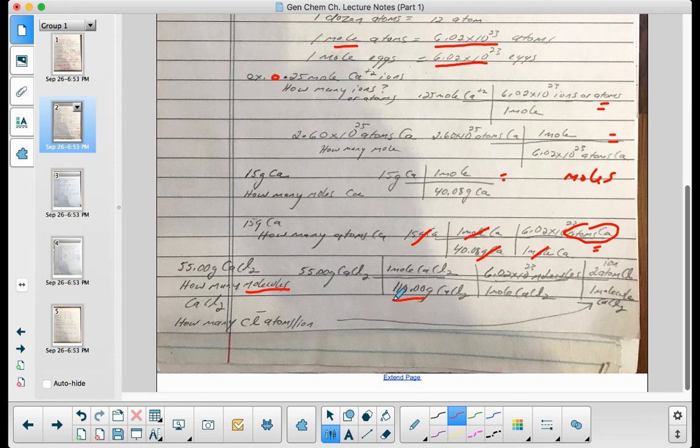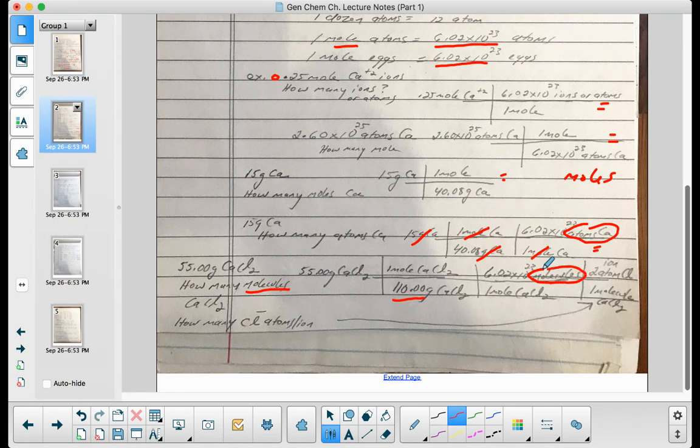I get this 110. Then I'm going to say there's 6.02 times 10 to the 23rd molecules in 1 mole of calcium chloride. Again, there's that counting unit. And so I would stop my calculation right there if I was trying to find the number of molecules.